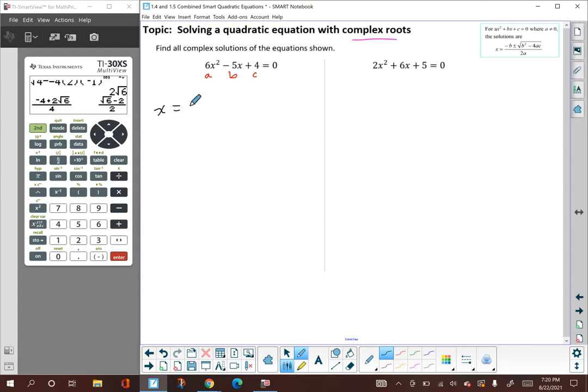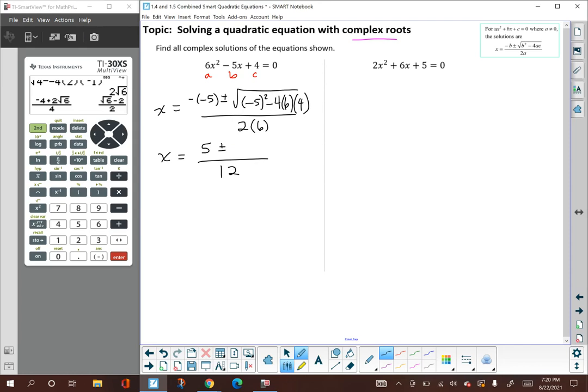So x is equal to negative b plus or minus the square root of b squared minus 4ac, and that's all over 2a. So our leading term there is a 5, and our denominator is a 12.